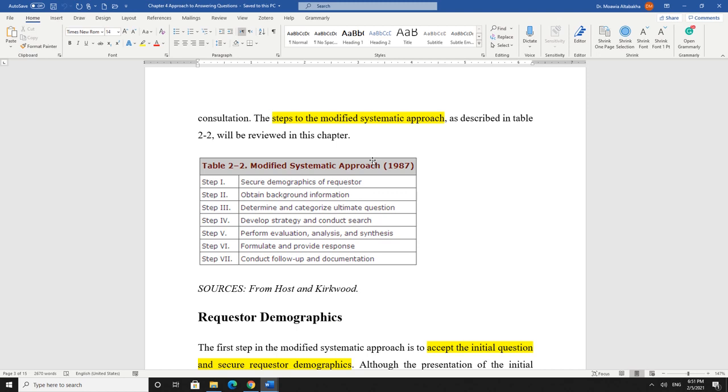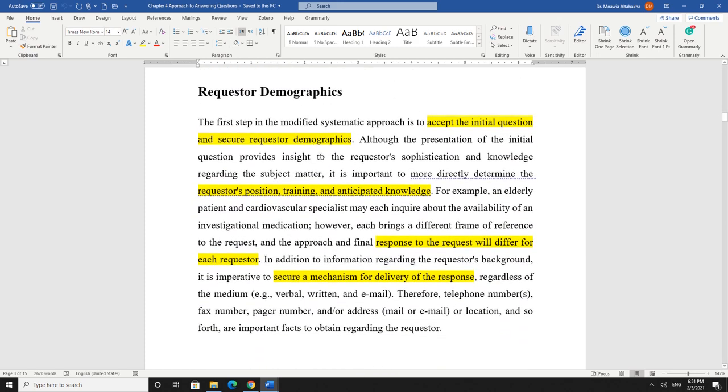After you get the initial information about the demographics, then you start taking background information. You keep this in your mind: why is the requester asking this question? That's what you need to dig for and get as much information as possible. You should know that most of the time the initial question is not the ultimate question.